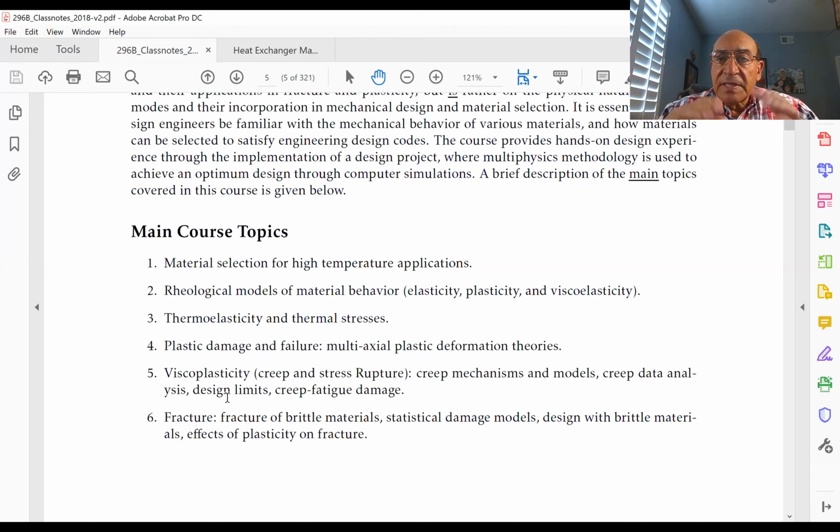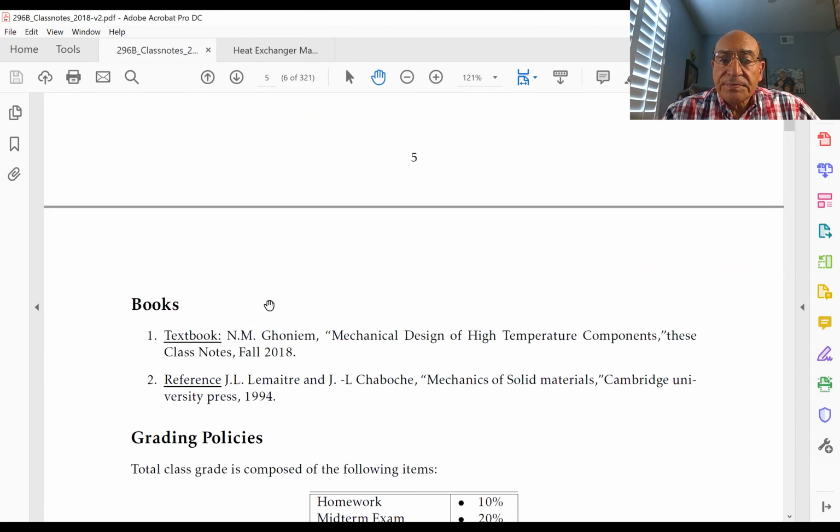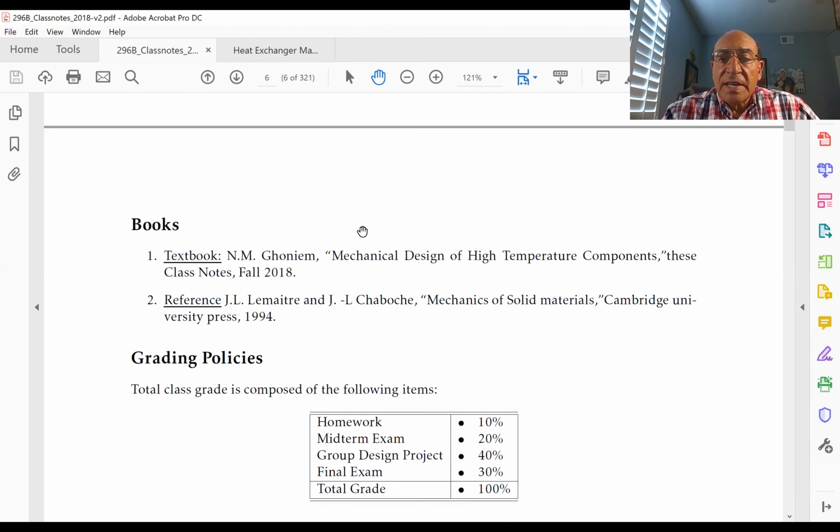And the last topic that we have would be on fracture, and we will not give a course on fracture mechanics, but we have the basic formulas that are used in a design setting, design applications, to utilize what we know as the J-integral approach, stress intensity factors, failure assessment diagrams for design, and that will conclude the main course topics. As I mentioned, the textbook, one is my class notes, which I'm going through here to show you on the screen.